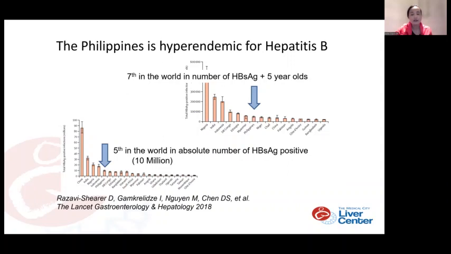In terms of the local prevalence, diagnosing hepatitis B in HIV becomes more important because the Philippines is considered hyper-endemic for hepatitis B. We're 7th in the world in terms of 5-year-olds with HBsAg positive serology. We're also 5th in the world in terms of absolute number of people who are HBsAg positive in the general population.